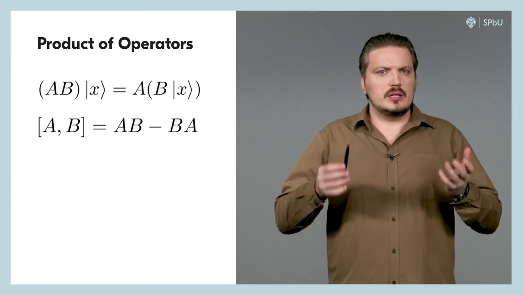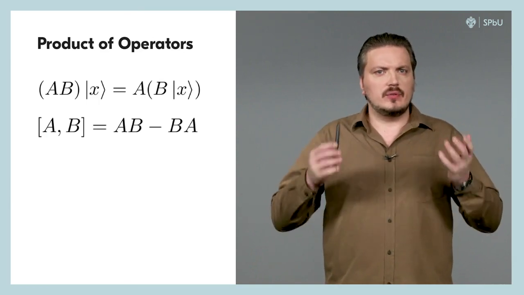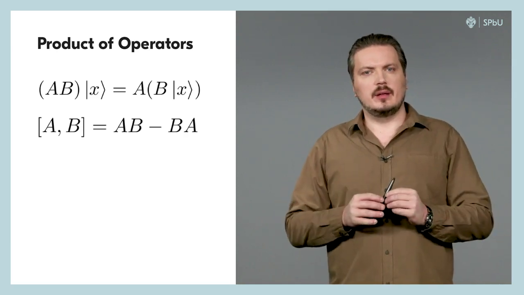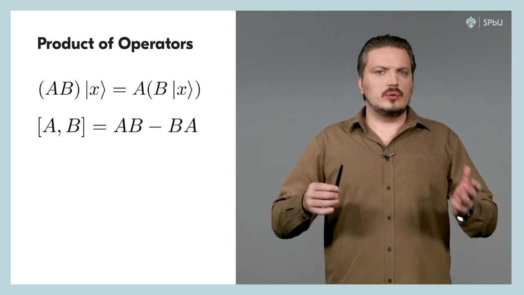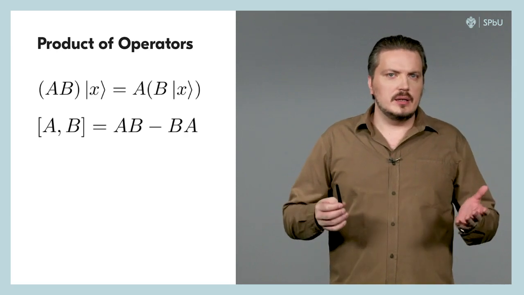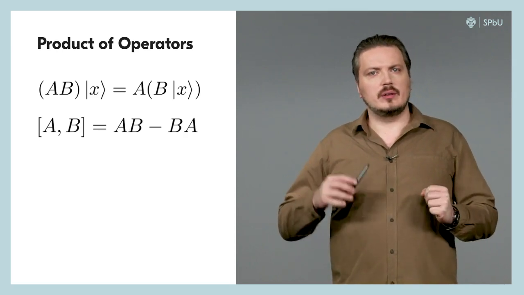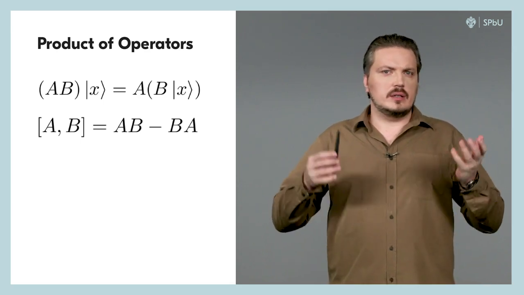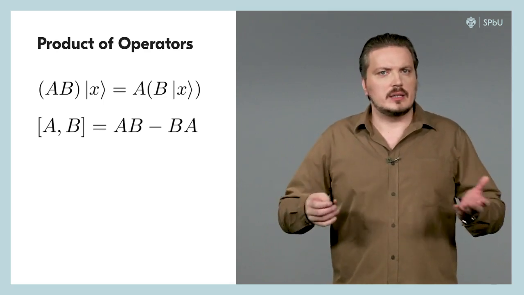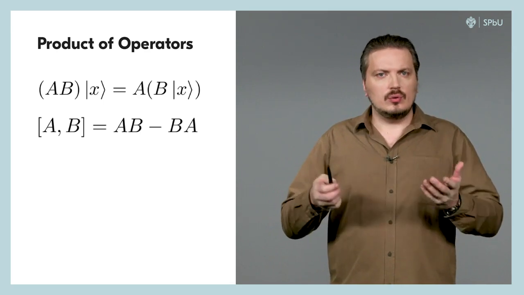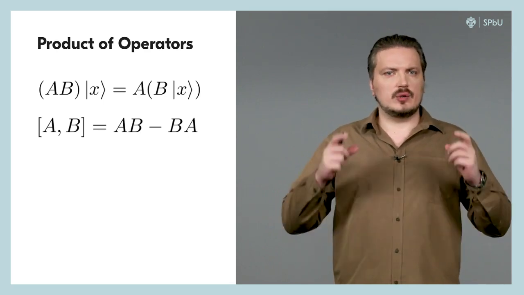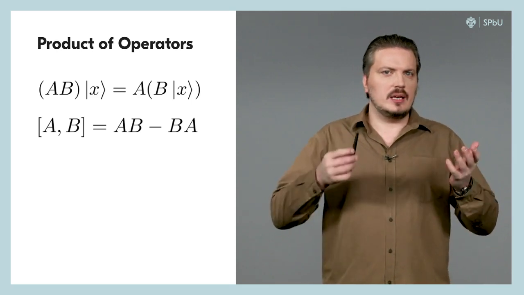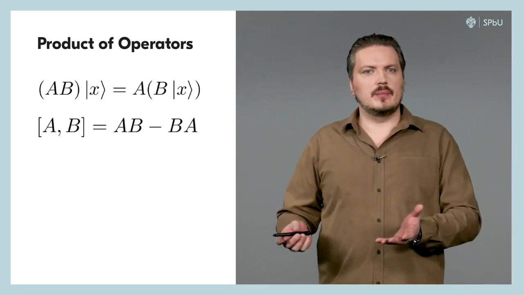To distinguish these two situations, we have a very simple instrument called the commutator. The commutator of two operators, A and B, is itself an operator, defined like this. Whenever you see in a textbook on quantum mechanics this notation, two operators placed in these square brackets, you must understand that this is just AB minus BA.